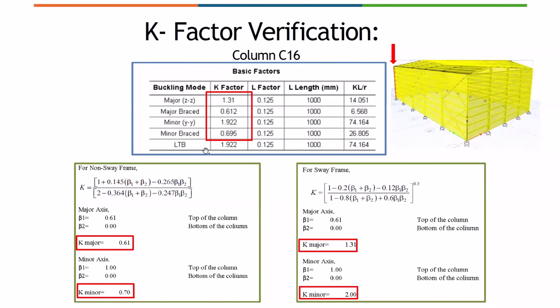The program also reports the capital K factor for lateral torsional buckling, which is nothing but the K factor for the minor sway case. Similarly, we have calculated the effective length factors from the Excel sheets, and you can see the capital K factors tally with the program calculated capital K factors.